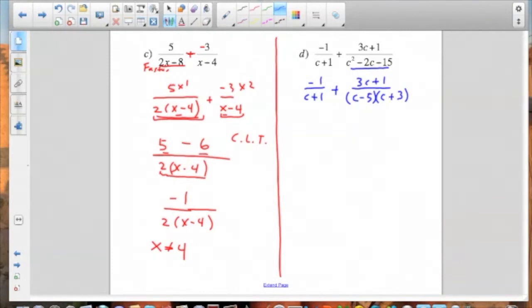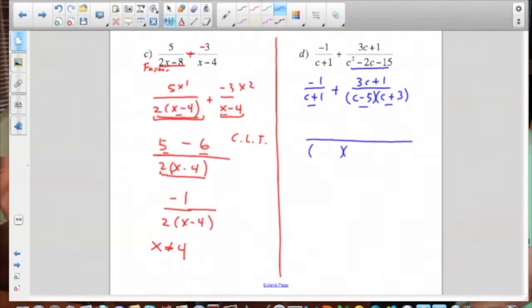All right, now let's find the lowest common denominator. You notice that they're all different. So now there's 3 parts to this one. There's c plus 1, c minus 5, c plus 3, they're all different. So they just form a common denominator. So now, let's look at this one right here, c plus 1. So I know these 2 parts are missing.